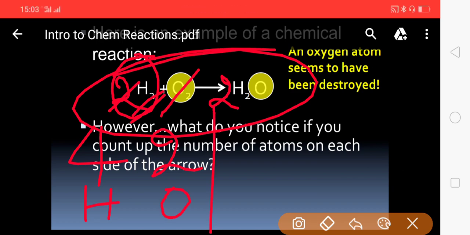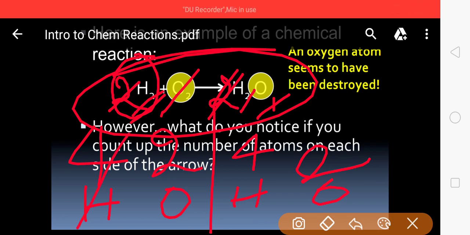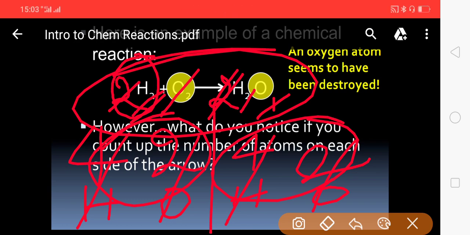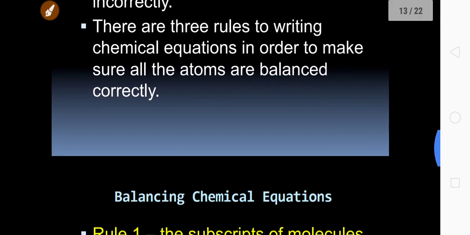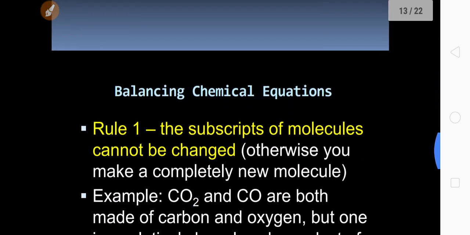On the RHS, 2 2s are 4 hydrogen atoms, and here nothing is written, which means 1, and 1 2s are 2 oxygen atoms. So 4 hydrogen atoms, 4 hydrogen atoms, 2 oxygen atoms, 2 oxygen atoms. Such equations where LHS and RHS have the same number of atoms are called balanced equations.